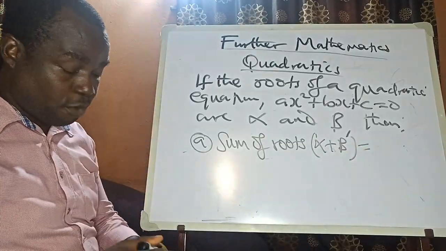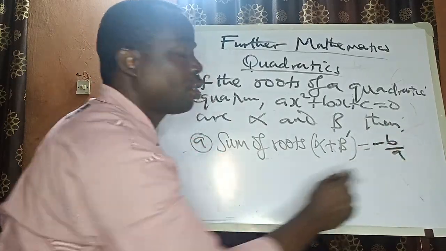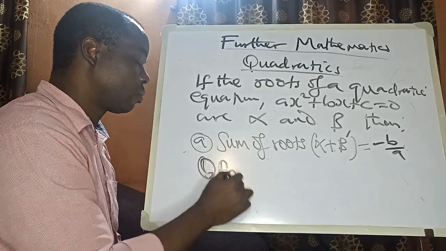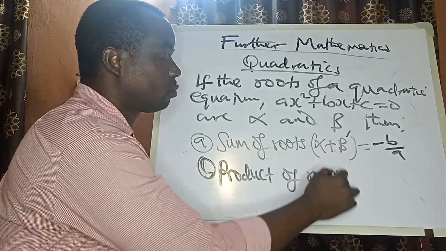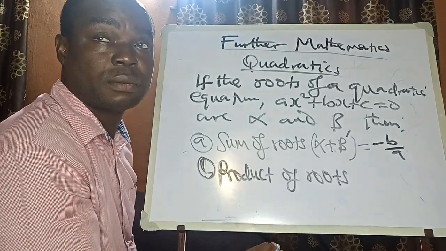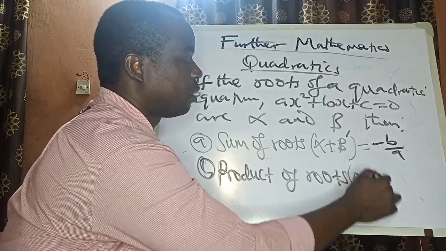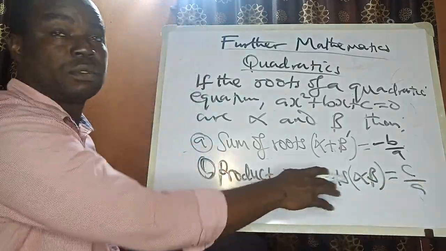Okay, so the formula is minus b over a. Make a copy of the formulas. Product of roots, okay, is equal to, product of roots is alpha beta, is equal to c over a. Take note of that.